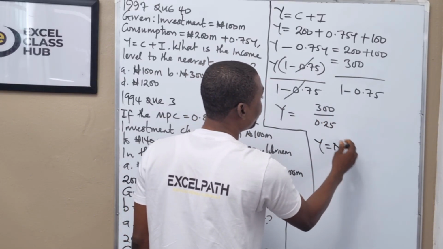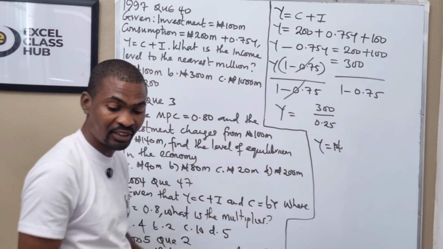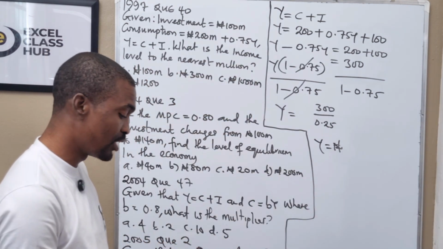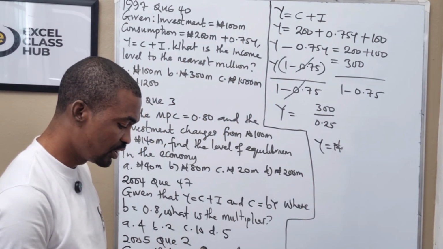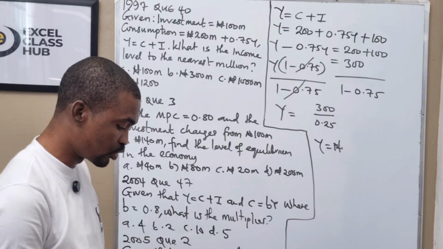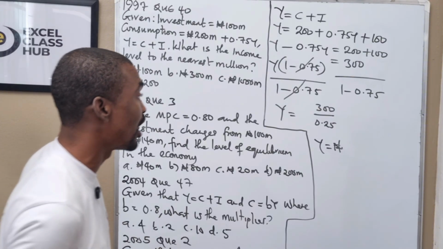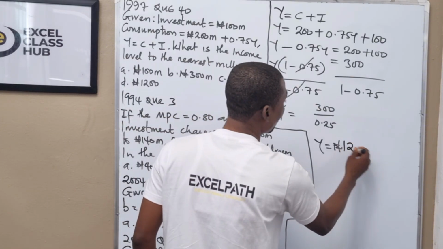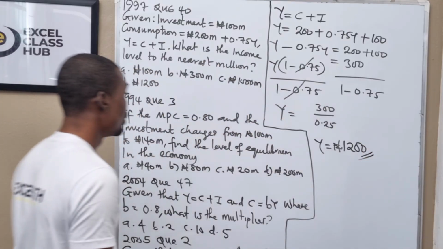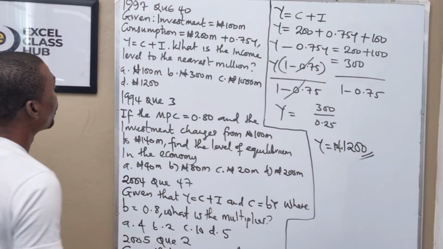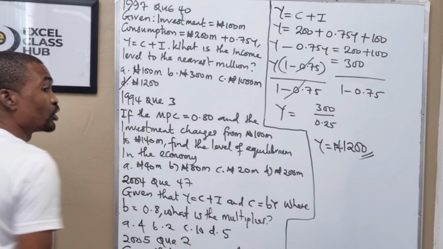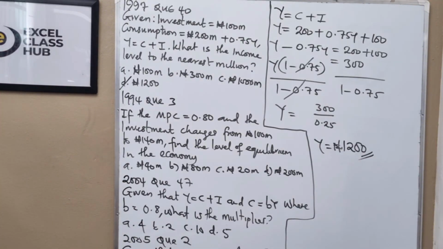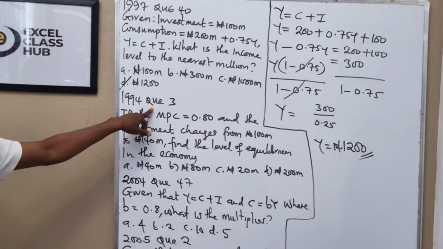So for the final answer, we divide 300 by 0.25, and that will give us 1,200 naira. Okay, so what is the option? The correct option is option D.